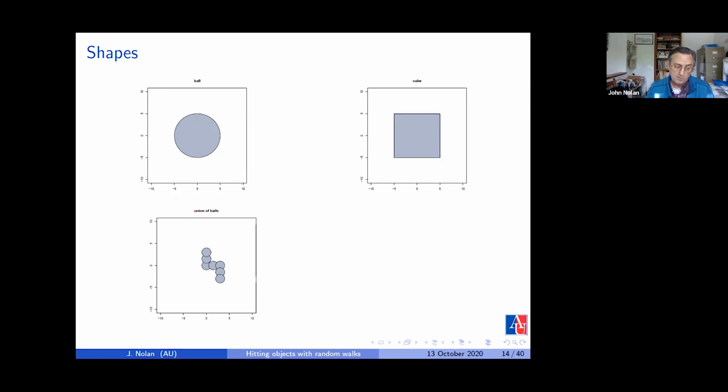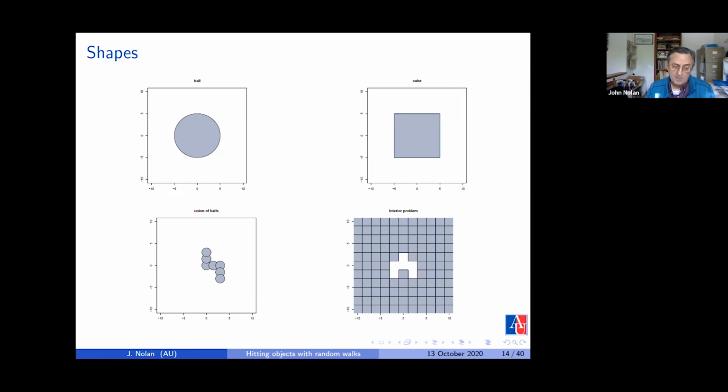It's a union of balls. And then here's something that's even more complicated. You can think of this as a cross-section of a sort of pipe that has an irregular interior. Okay. And we want to characterize something about the shapes of multiple objects.